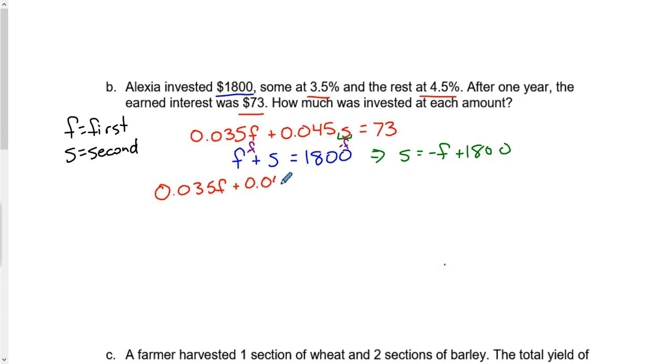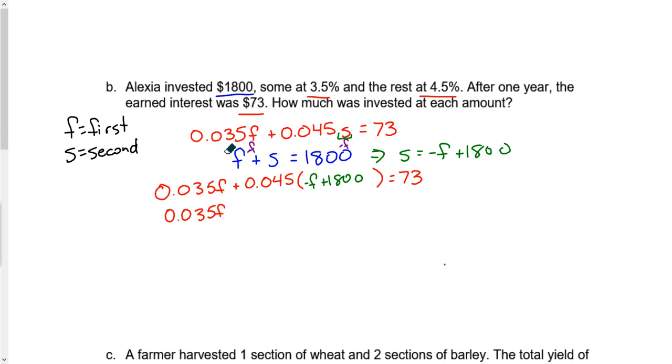0.035F plus 0.045, and continue from there. I can get my 0.035. Continuing on. Oh, that's not going to be add.